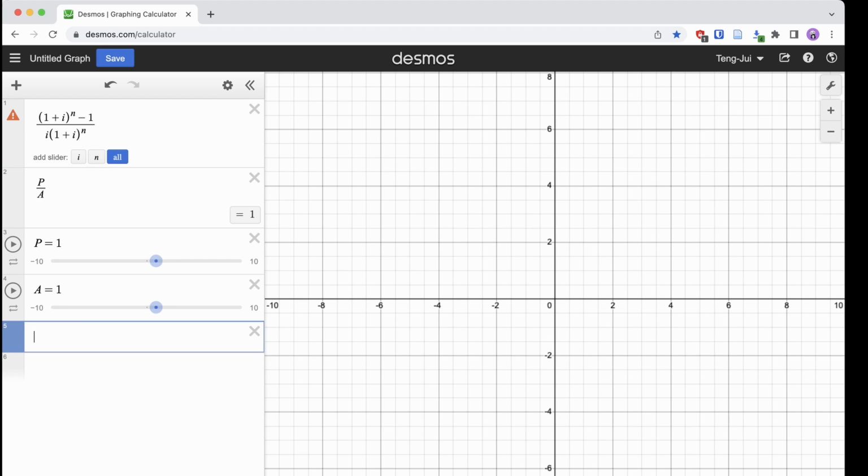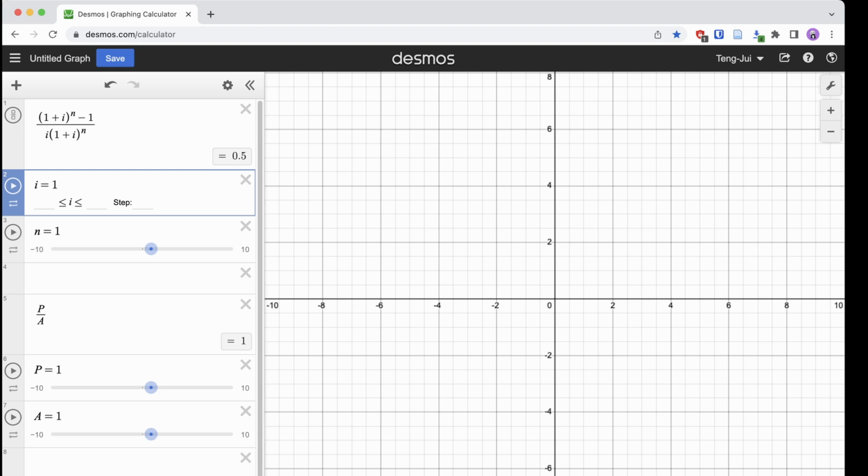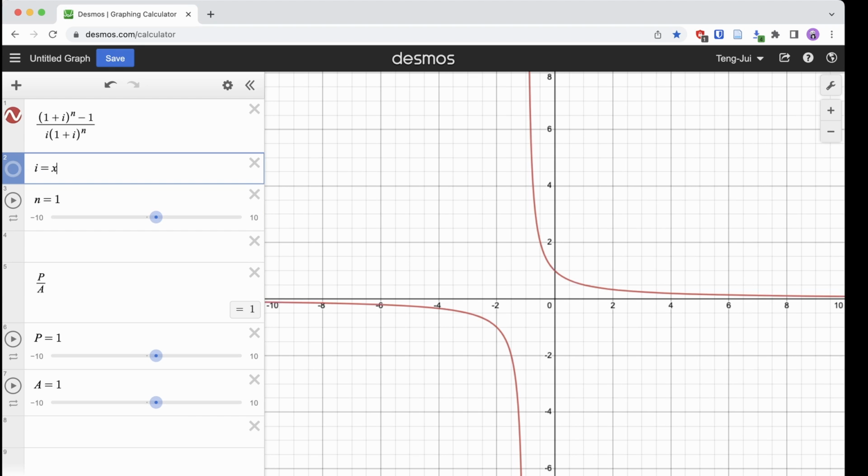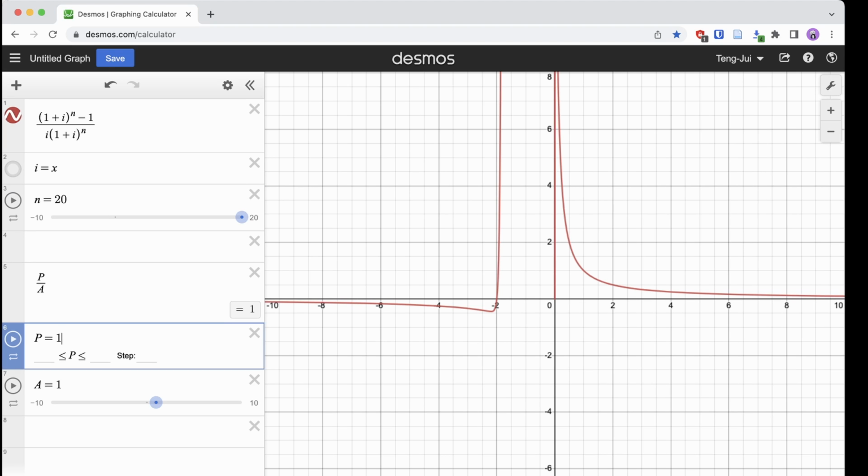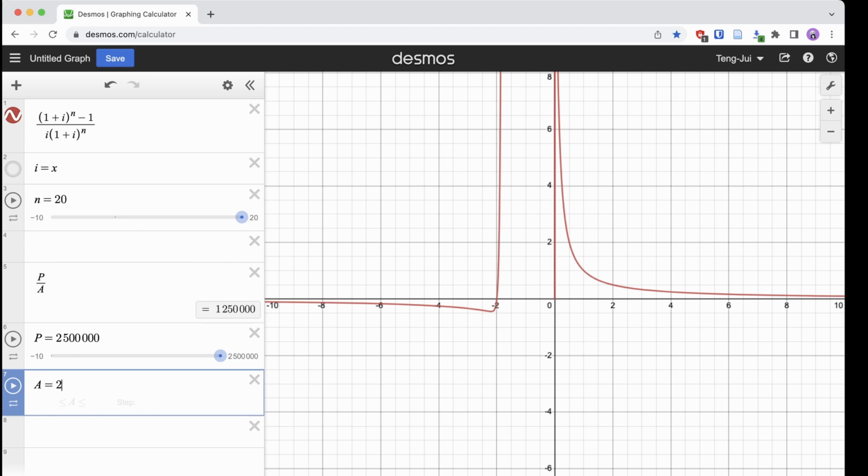So let's substitute in all the values. We have the annual interest rate I as an unknown x, and n is the consecutive years of 20. P is the present value given, which is 2,500, and then A is 250.